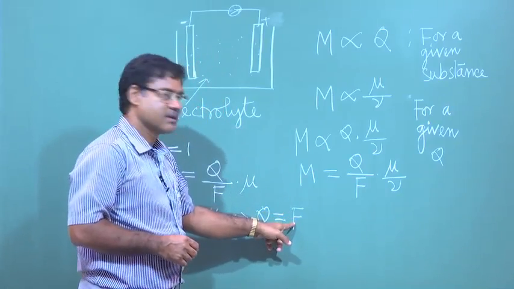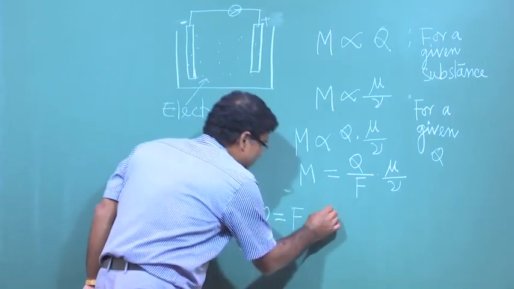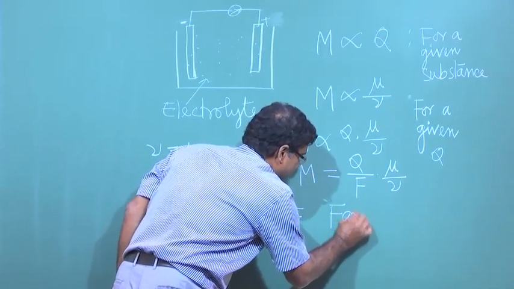Okay. So, F is nothing but the charge, or electricity. F is called the Faraday constant.